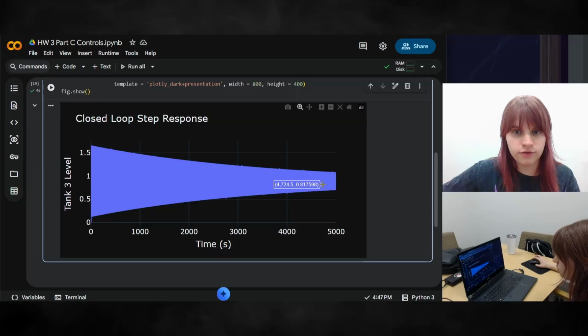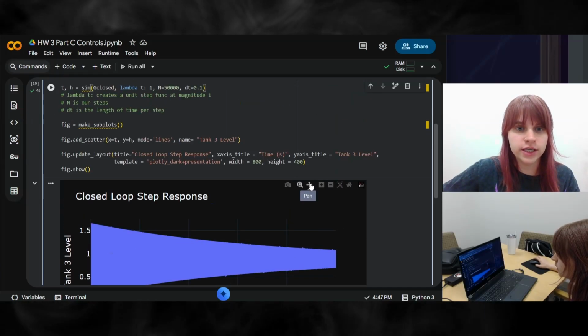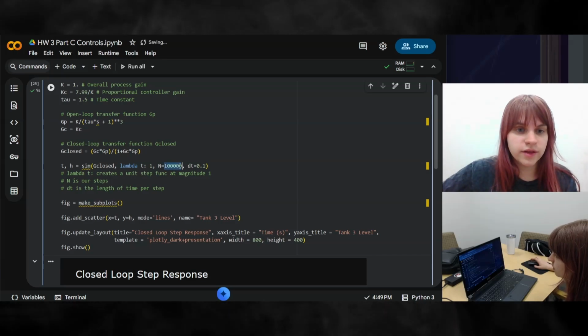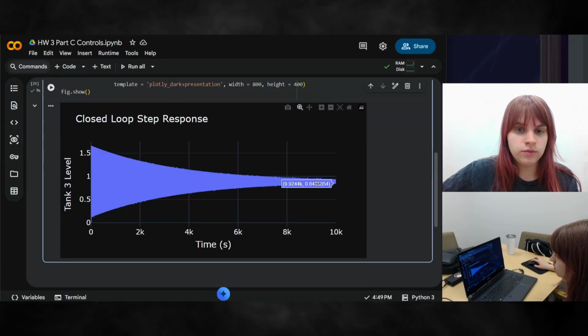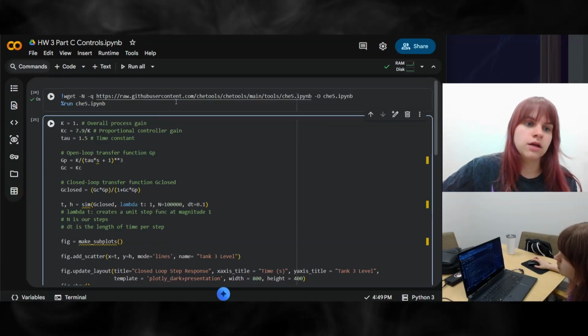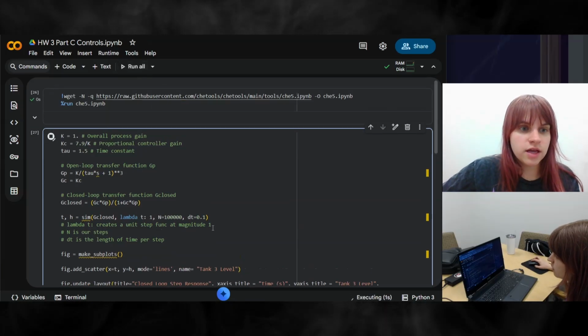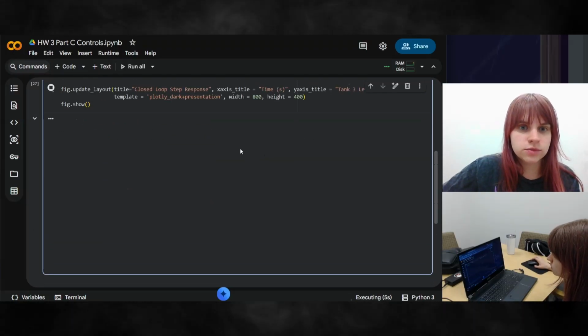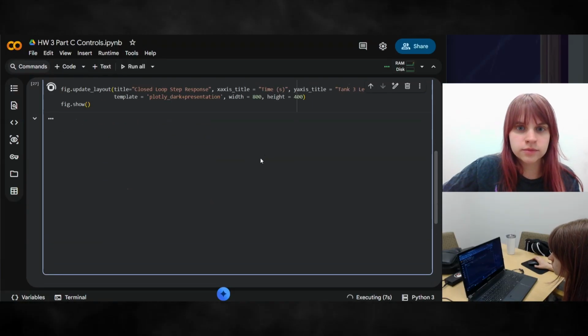I would need to run this for a longer time, but eventually it should converge. So I ran this again, but with a much higher n, and we still don't see this converging, but if I decrease that Kc value slightly, we should probably see it converge within that same amount of time.